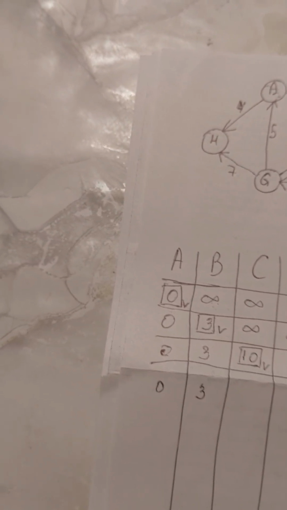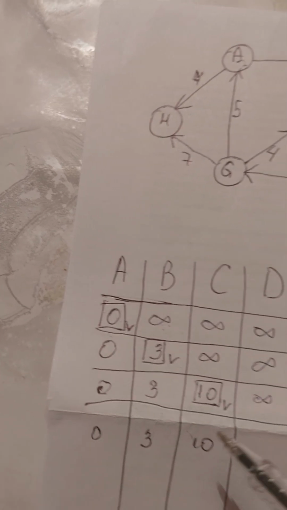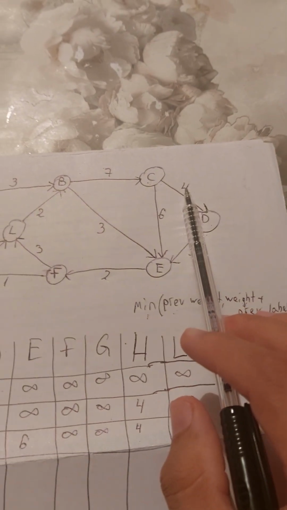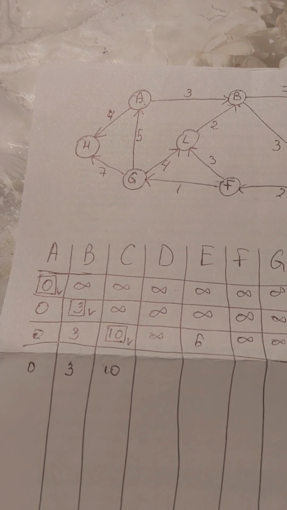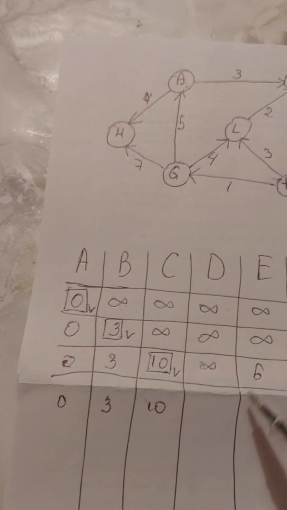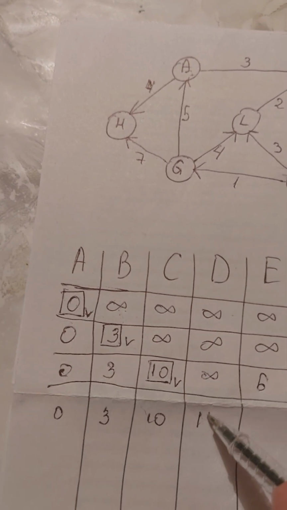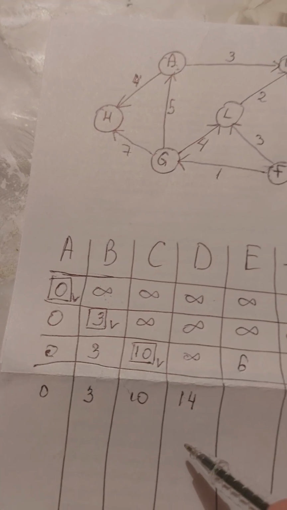From C to D, the actual weight is 4, but the previous one is 10. 10 plus 4 is 14. 14 is less than infinite, so here we write 14.